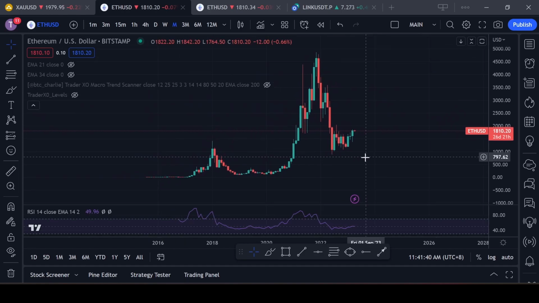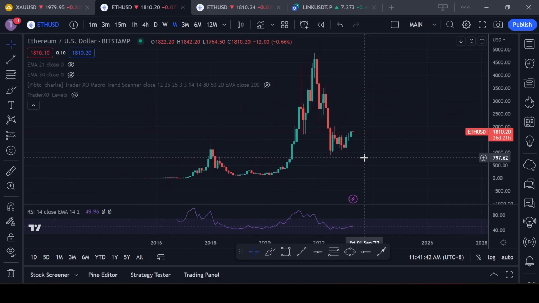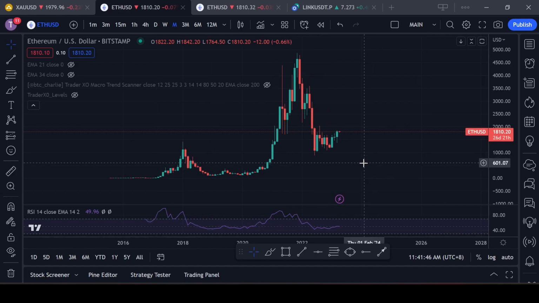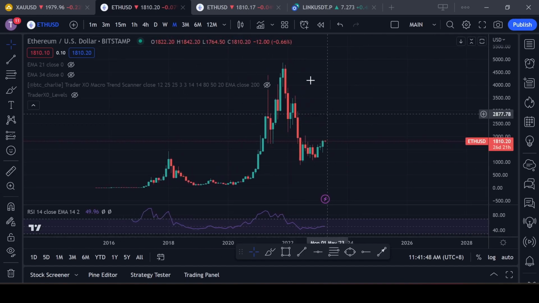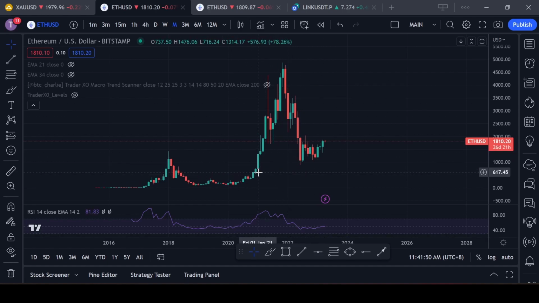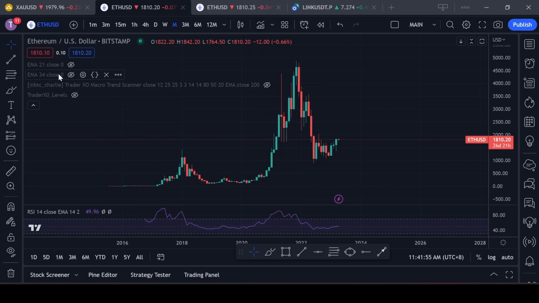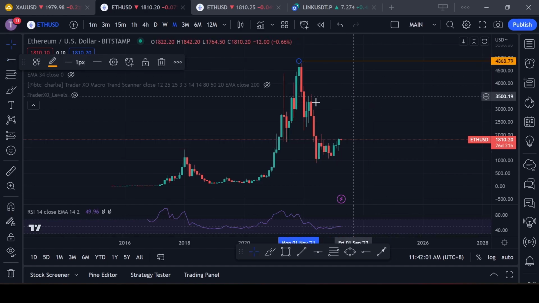So anyway, it's very simple. I usually just mark the highs and the lows. So for example, as you can see on the latest ETH chart from around 2021 to the 2022 regions, you can easily just mark out simple levels like the top of the range over here, 4868.